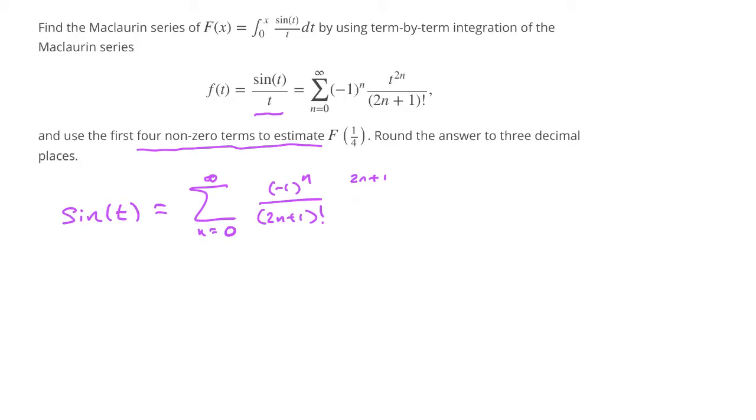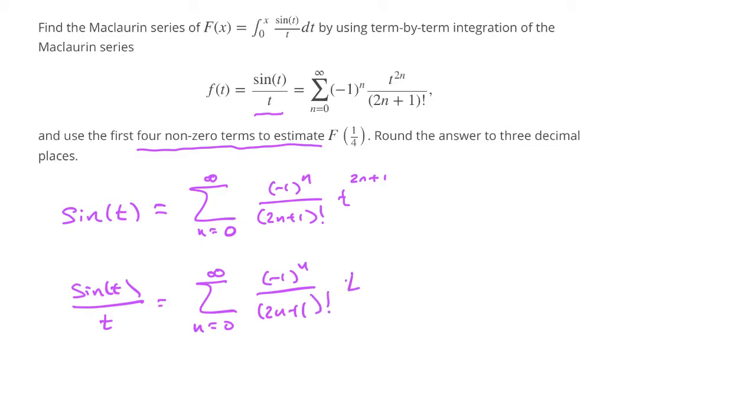If we then divide everything by t, what happens? Our sine of t over t looks like the sum, n equals 0 to infinity, of (-1)^n over (2n+1)!, t to the 2n+1 divided by t.